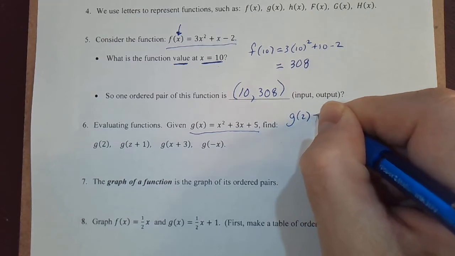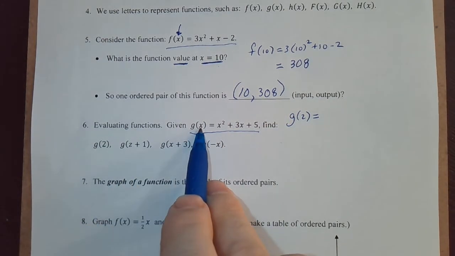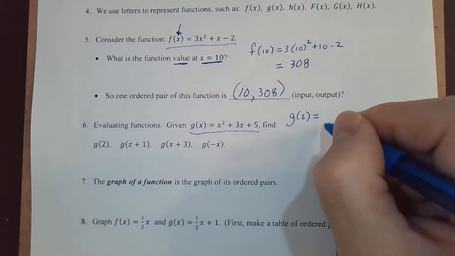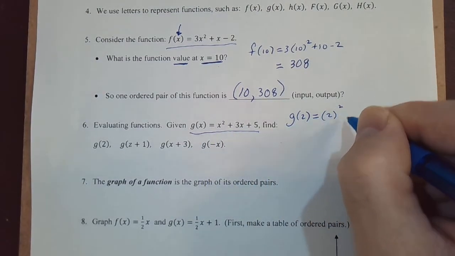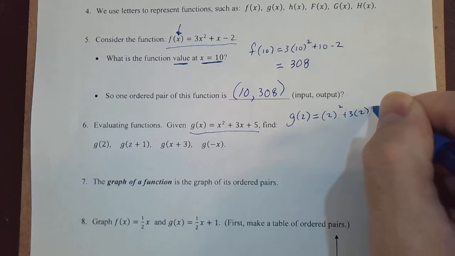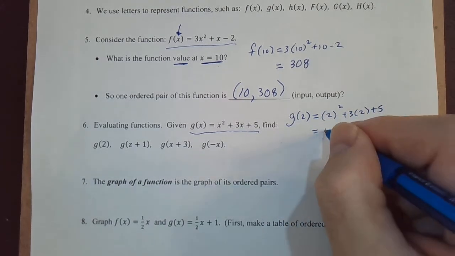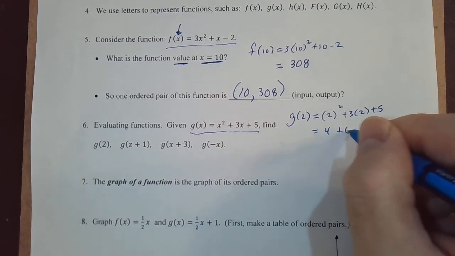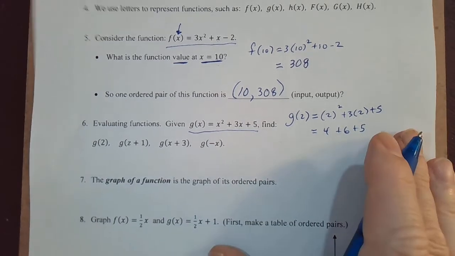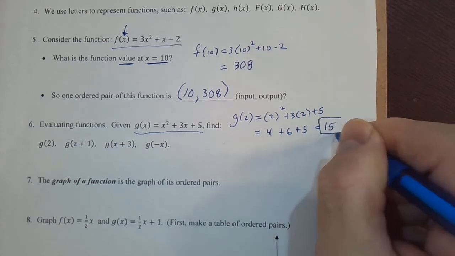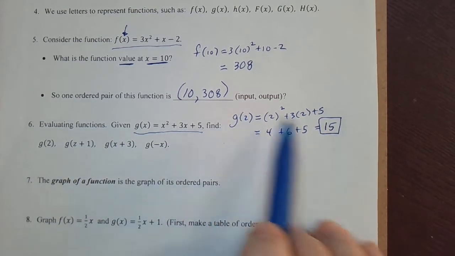G of 2, if I replace x with 2, I'm going to have to replace both of those x's with 2. So 2 squared plus 3 times 2 plus 5. So that's equal to 4 plus 6 plus 5, or 15. So g of 2 is 15.